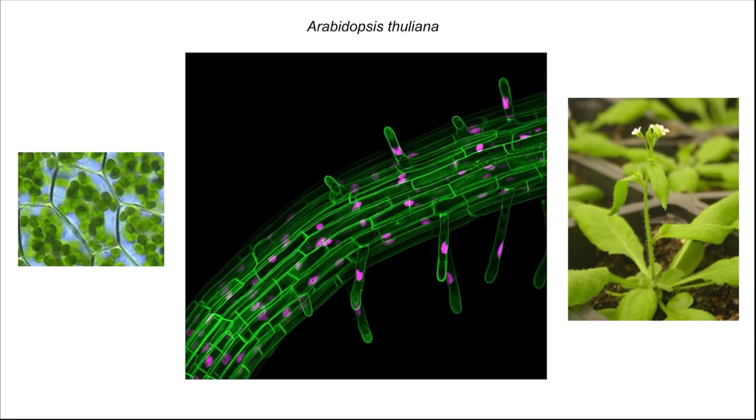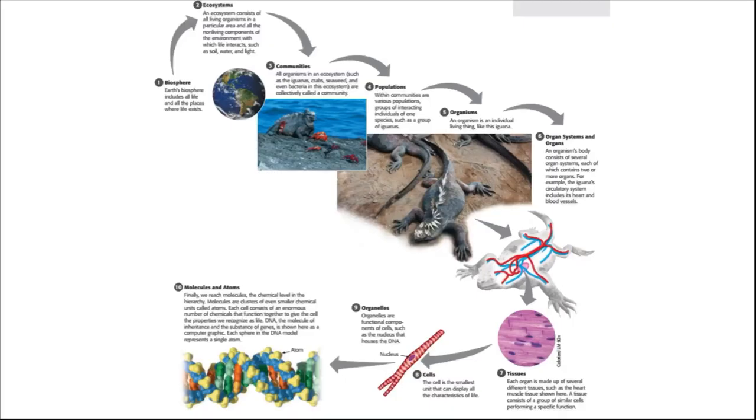This pattern of structures making larger structures, which make larger structures, continues on. Let's follow this flow chart, and we'll follow it backwards. We're starting on the bottom left at number 10. Again, molecules and atoms make up things like DNA. And these structures then, in turn, make up organelles, which are kind of analogous to organs, but for the individual cell.